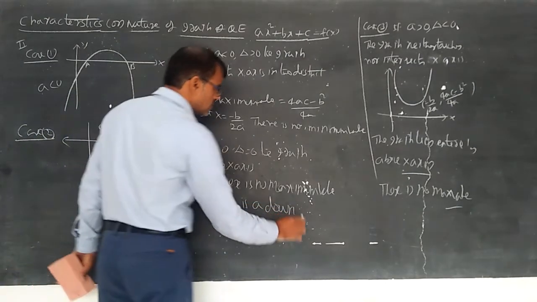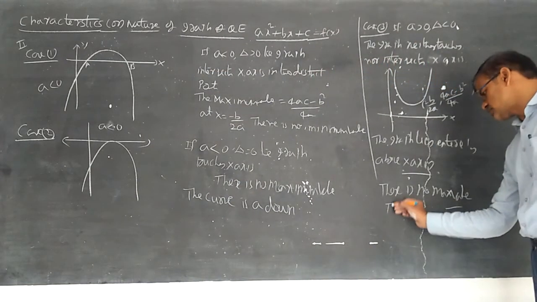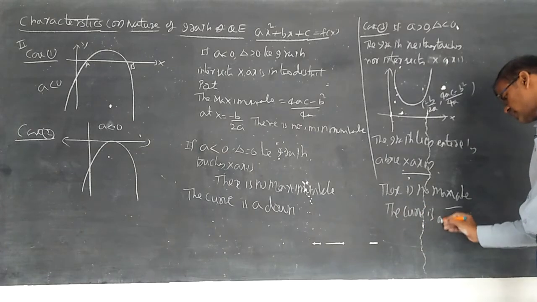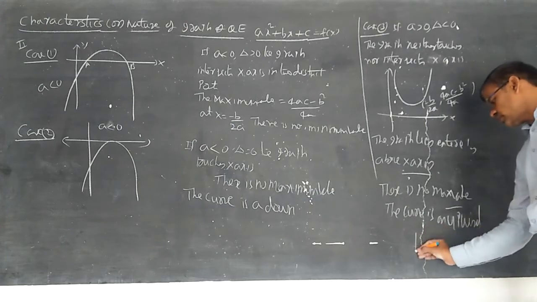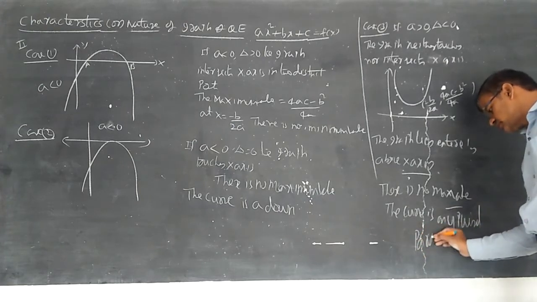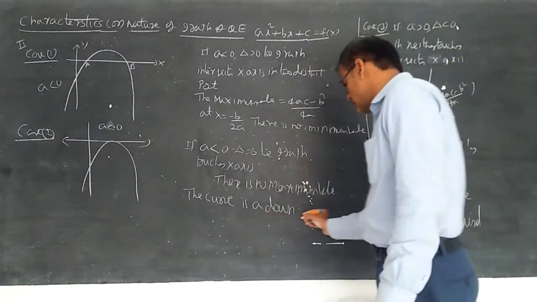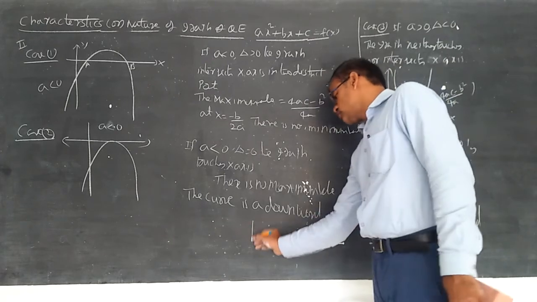There you can say the curve is an upward parabola. Whenever a greater than 0, the curve is called an upward parabola, and whenever a less than 0, the curve is called a downward parabola.